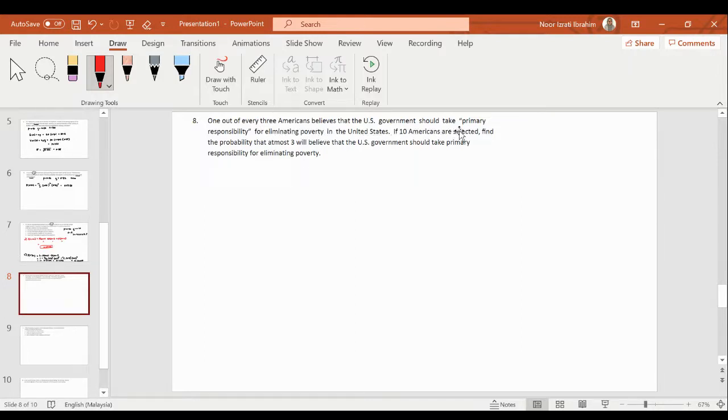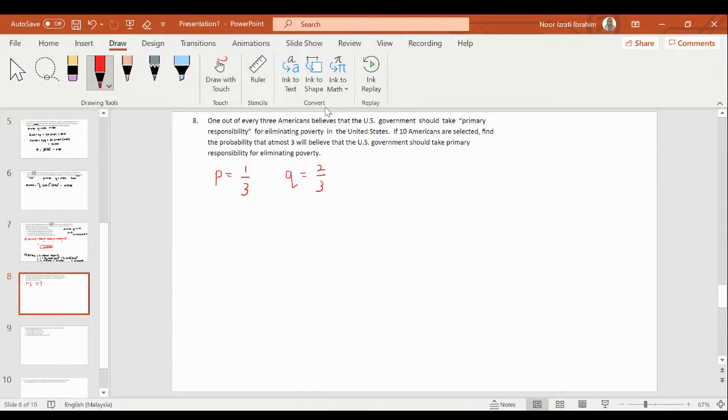If 10 Americans are selected, find the probability that at most 3 will believe that the US government should take the primary responsibility for eliminating poverty. So here we want to find at most 3 believe. And 1 out of 3 believe, so 1 out of 3 gives us the probability of success. P is 1/3. And this automatically gives us Q equals 2/3.